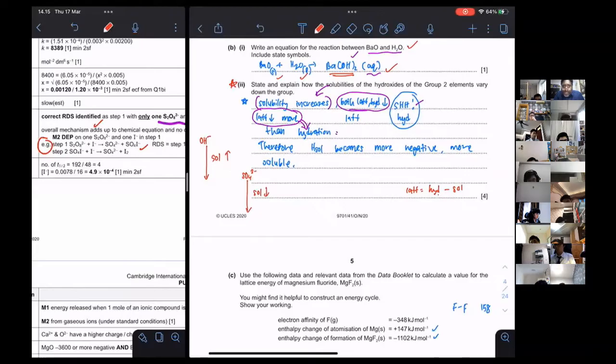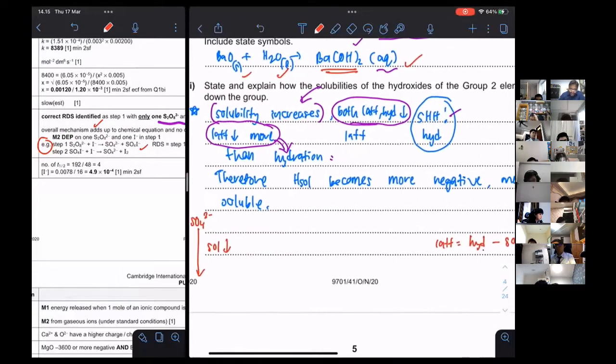For both hydration and lattice energy, when the radius is increasing, your charge density is decreasing. It means that the values of hydration and lattice energy both will decrease. So therefore, solubility increases. Both lattice and hydration decrease, that is another point. But one of them will decrease more, which is the dominant factor.